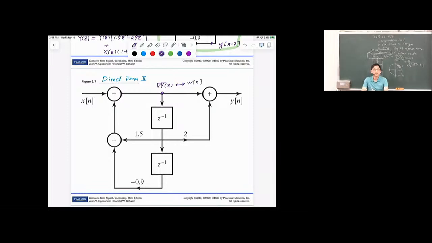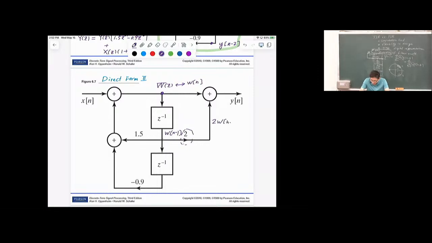Let's try this. If this is w of n, then right here we have w of n minus 1, which then branches 3 ways, in 3 directions. One goes to the right, one flows downward, and yet another goes on. No worry: when you go to the right, in this path we of course have 2 times w of n minus 1.